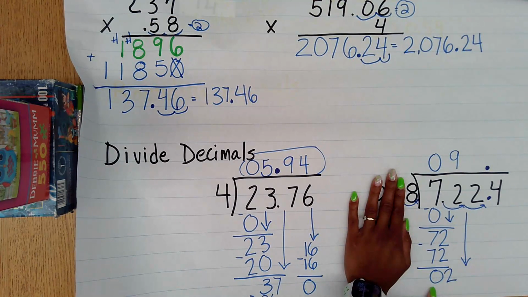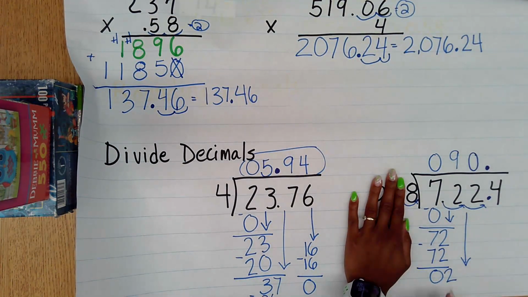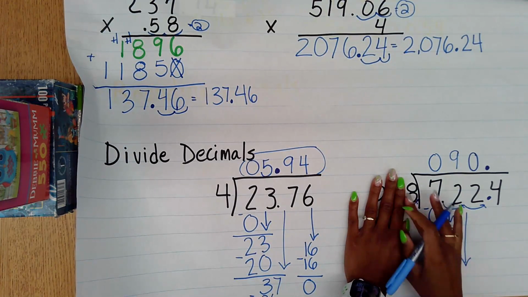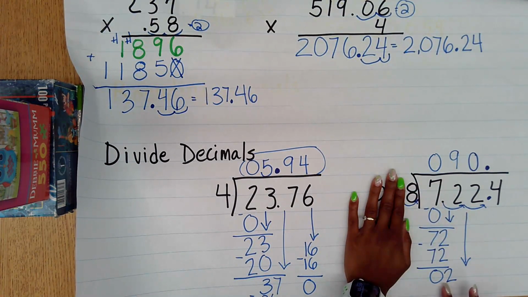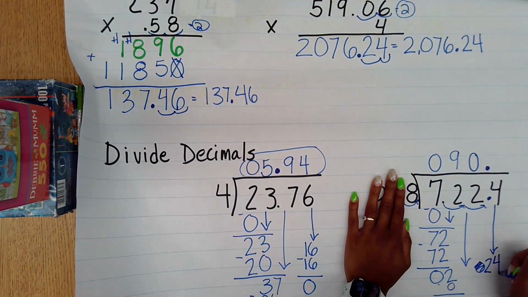8 cannot fit into 2. I have to still put my 0 here. That does trick some students, so make sure if you cannot fit your divisor into this number, you have to put a 0 up there. And then, if I follow the steps, 8 times 0 is 0, 2 minus 0 is 2, bring down my 4.